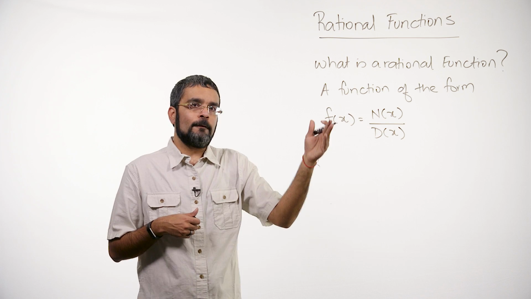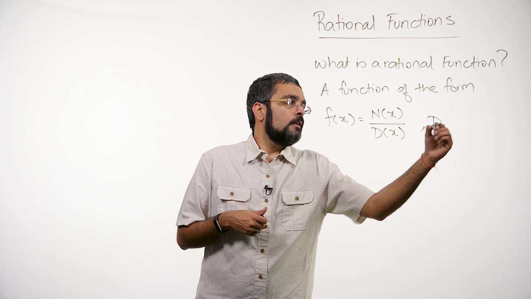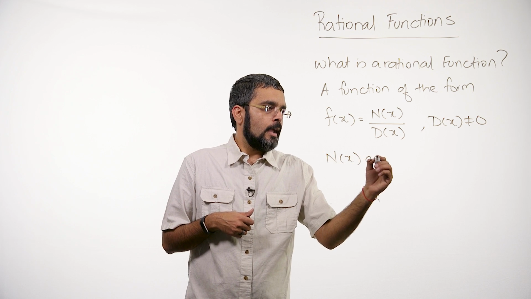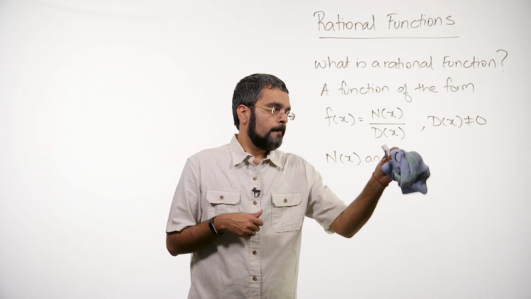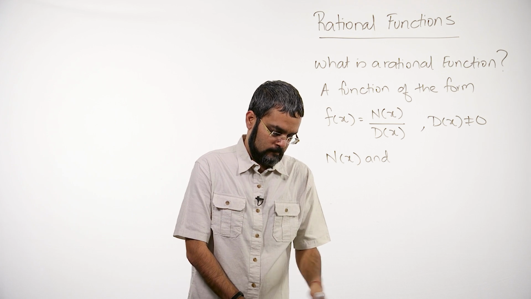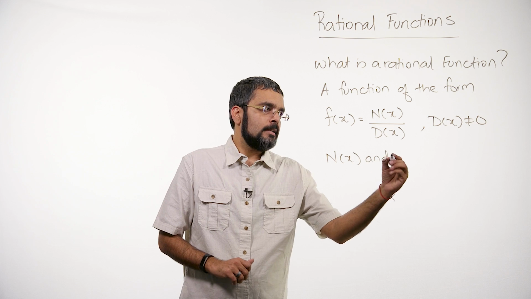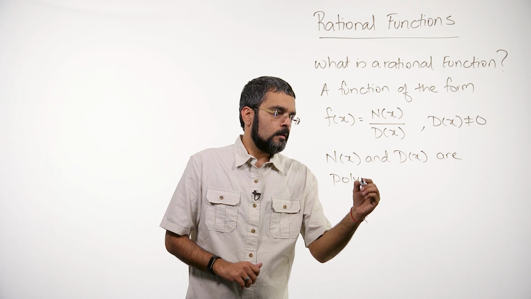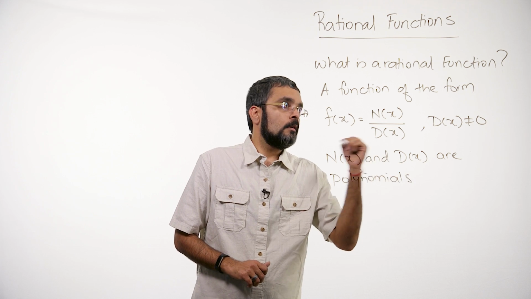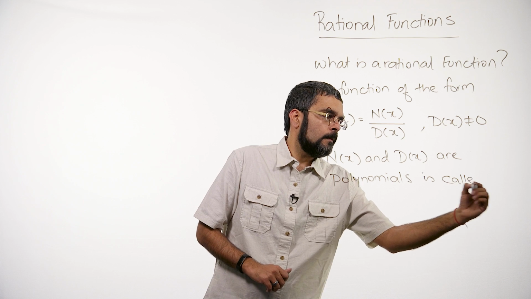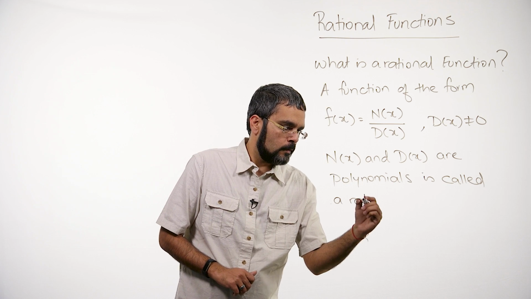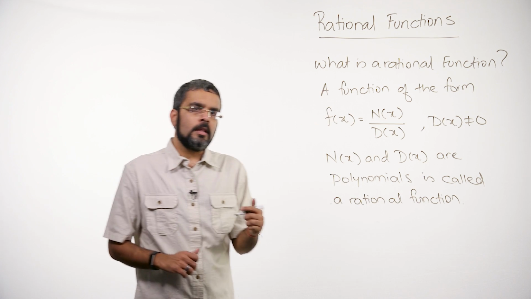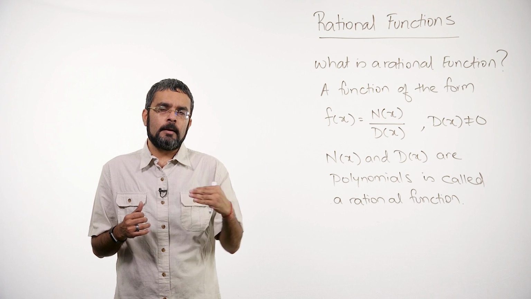So if I have a function that looks like a fraction, where d of x is not equal to 0, and n(x) and d(x) are polynomials, it is called a rational function. So you can think about a rational function as a polynomial divided by a polynomial.